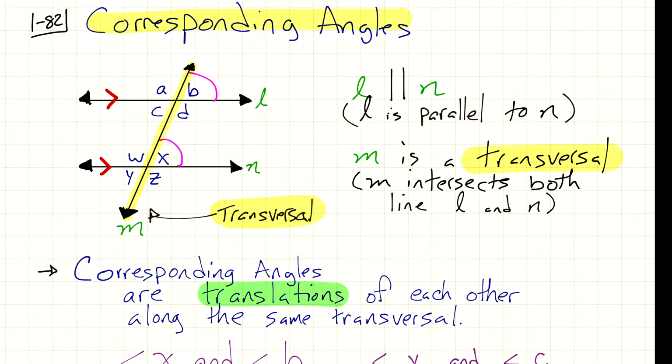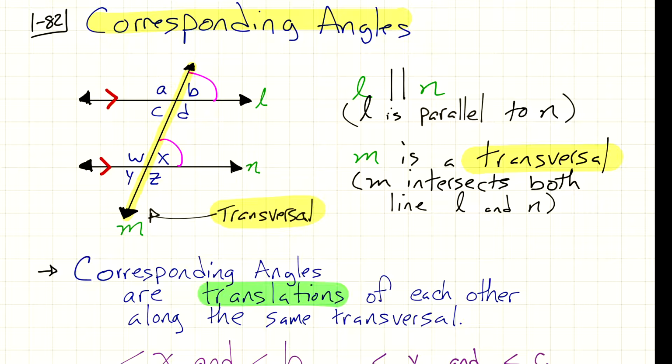What does that mean? Translation is an actual vocab word you should know from transformations. There are different types of transformations: rotation, reflection, translation. Translation means basically to slide.